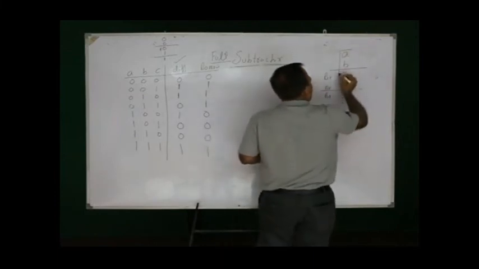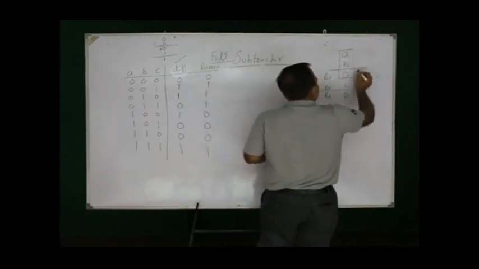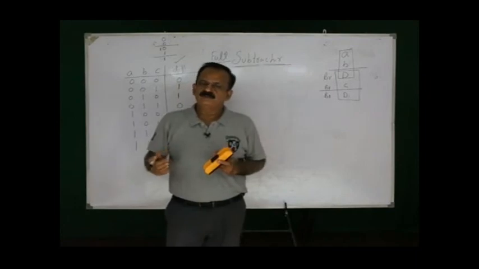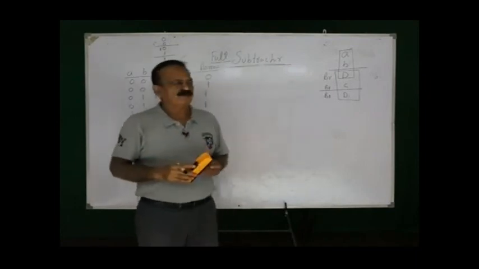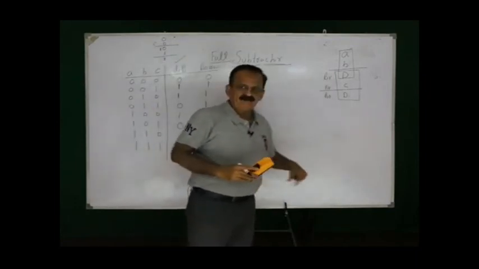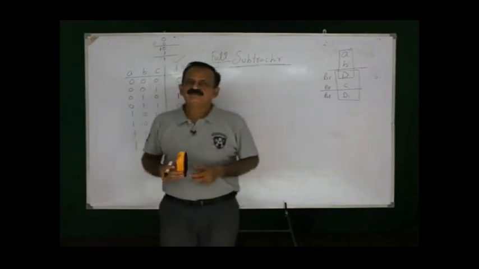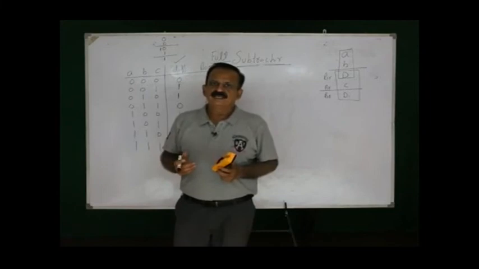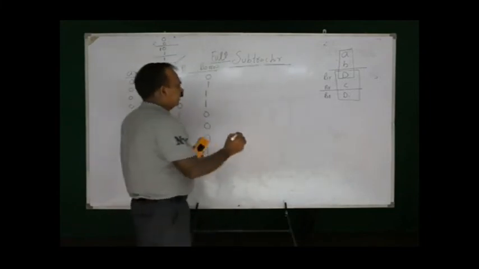Now one half subtractor is this one, another half subtractor is this one. That means I can use two half subtractors to perform this full subtractor operation, and the borrow can be from the first stage or from the second stage, so I will be using OR gate for this.